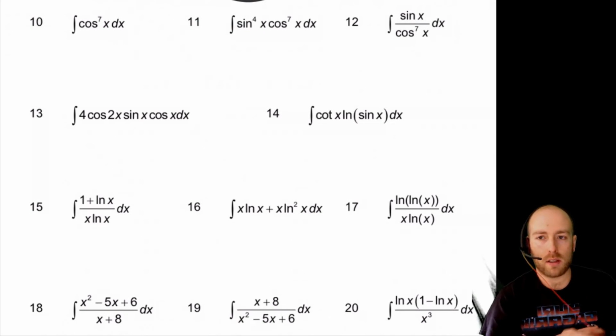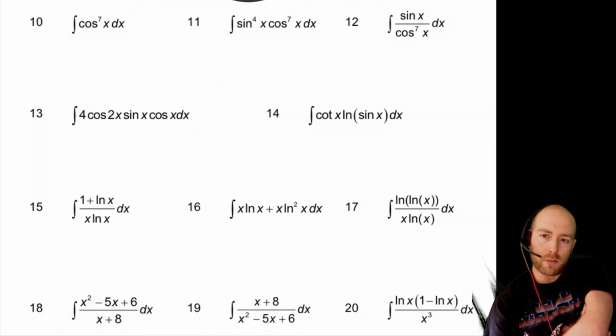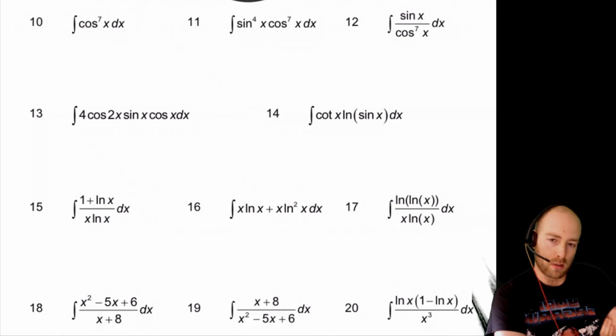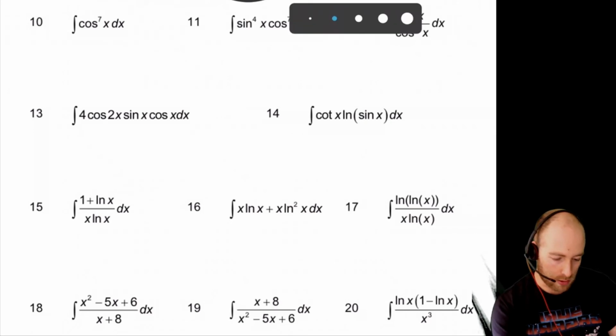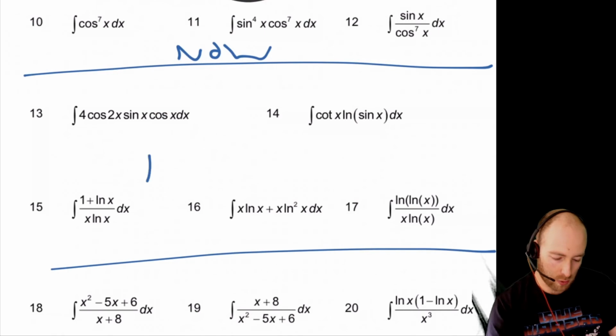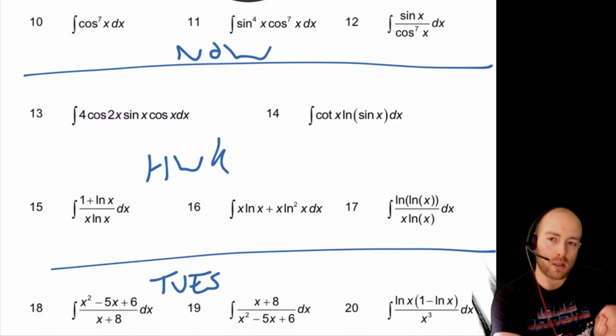So if you look at the top 3 right now, the middle 5 for homework, and the bottom 3 you can do as a starter on Tuesday to get through all these. So we're going to try these ones now, these ones for homework, these ones on Tuesday. Could you try and get all those done for a starter on Tuesday?